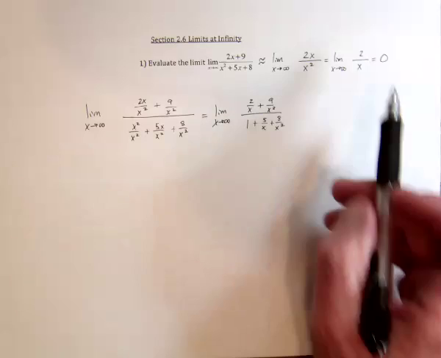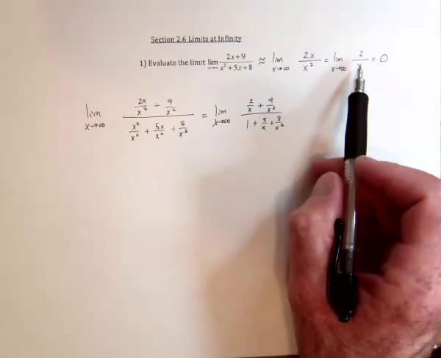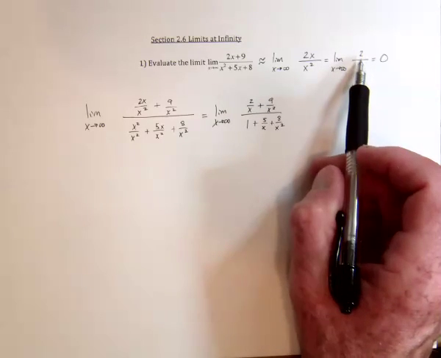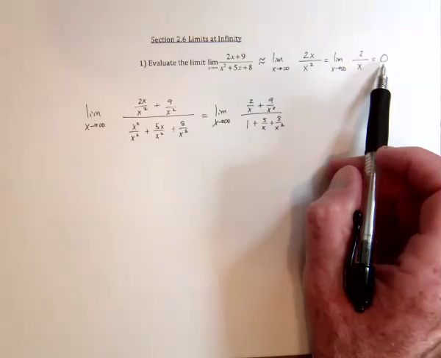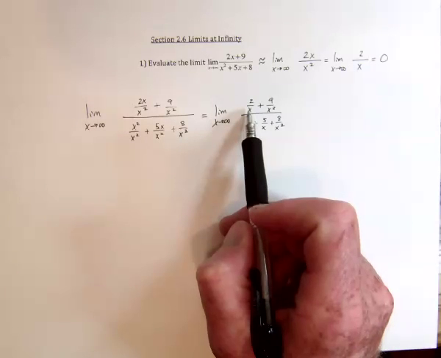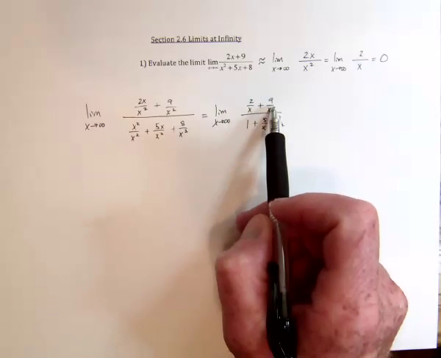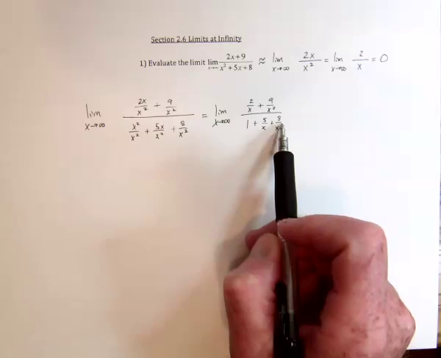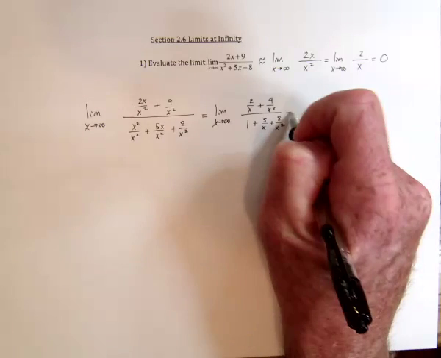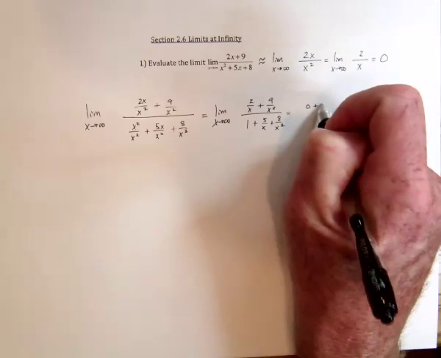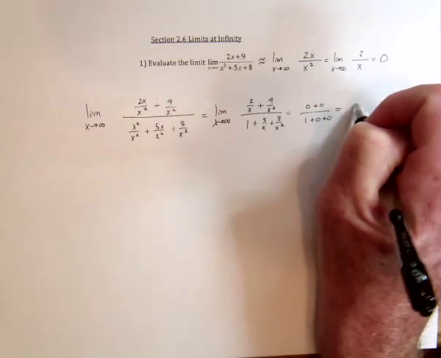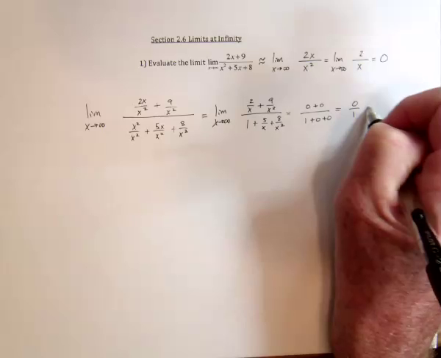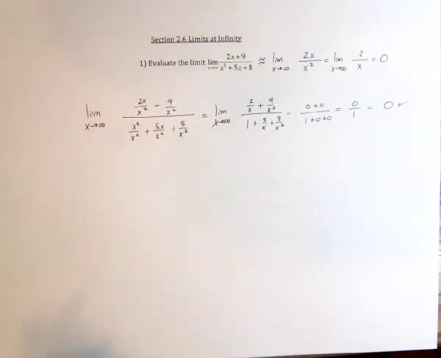And now we're going to use the same logic as up here, that if you have a constant number divided into an infinite number of pieces, the size of each piece is pretty much nothing. So that means this one becomes 0, and 0, and 0, and 0, and a 1. So we get the answer is 0 plus 0 over 1 plus 0 plus 0, which is a 0 over 1. And that is the same thing.